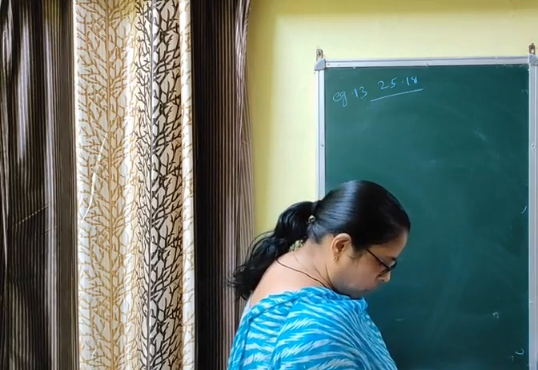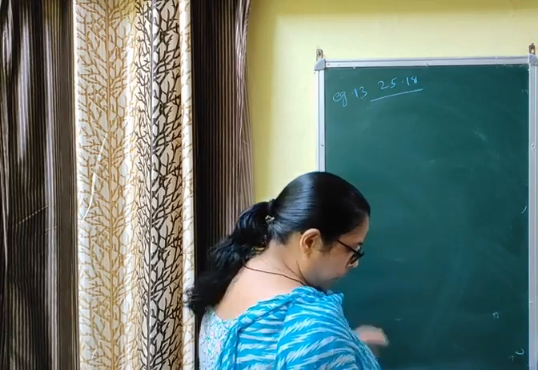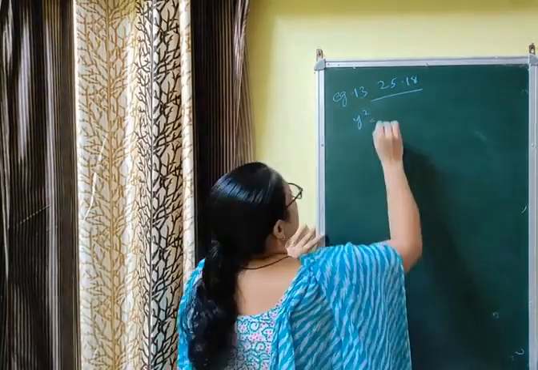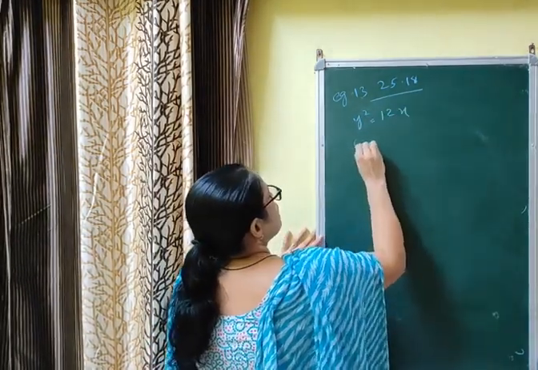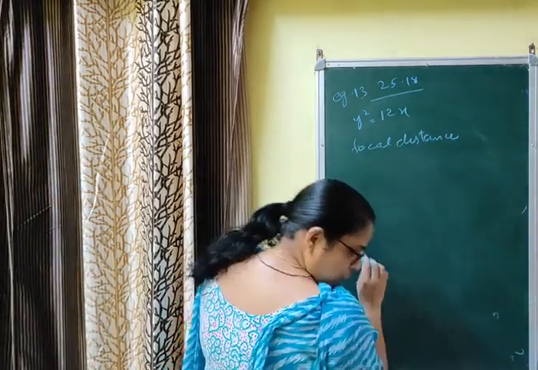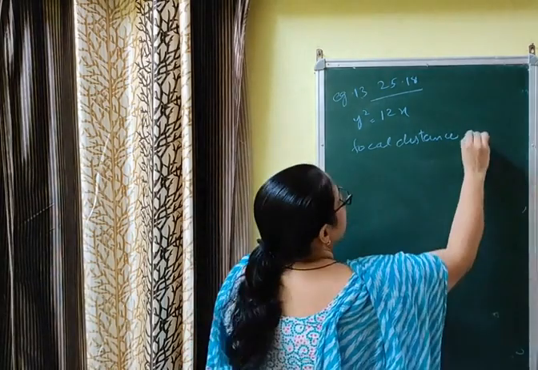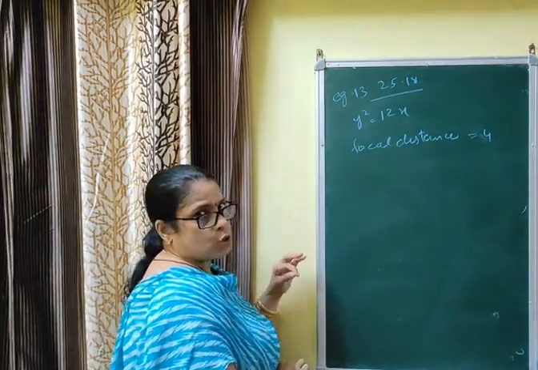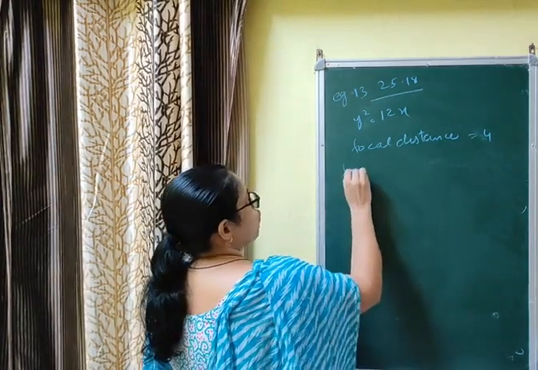Find the abscissa of this point. You are given the parabola y square is equal to 12x and the focal distance is equal to 4. You are asked to find the x coordinate of the point. What is the formula of focal distance?